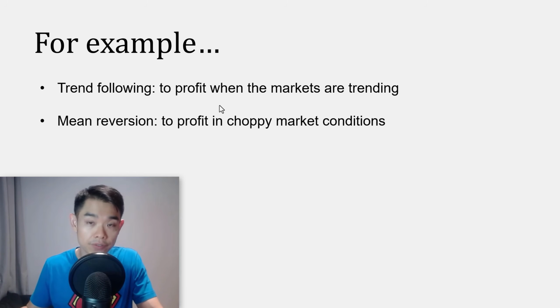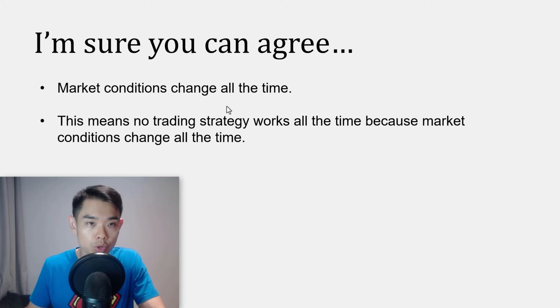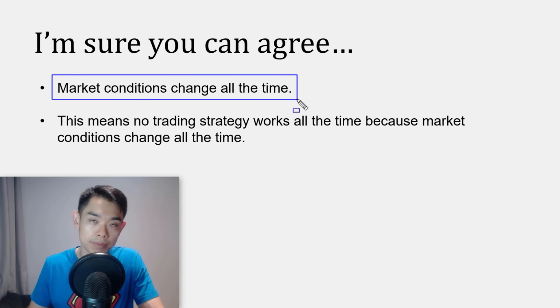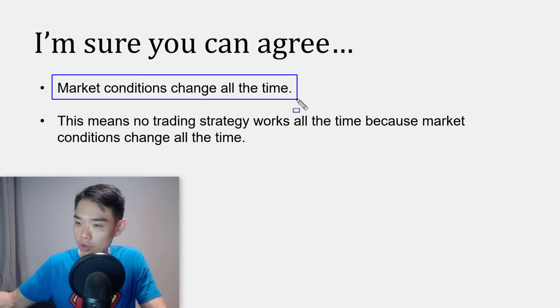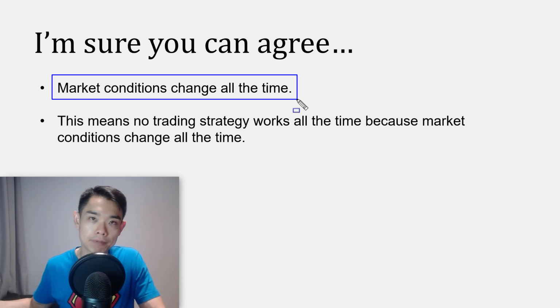And if you agree with what I just said, then I'm sure you can agree that market conditions change all the time. As you can see, the S&P 500 this year, last few years, could be in an uptrend, and you never know whether it's going to go back into a bear market, like what we've seen in the 08-09 financial crisis, or go into a range, a choppy market, etc. The market changes all the time. You just look at any chart on the daily or weekly time frame, and you can see that market conditions are always changing.